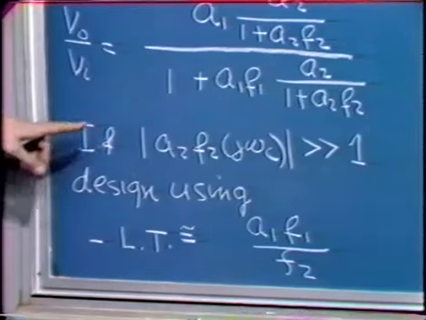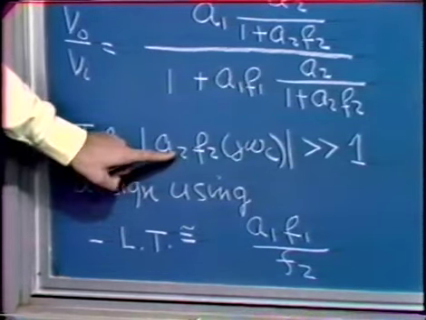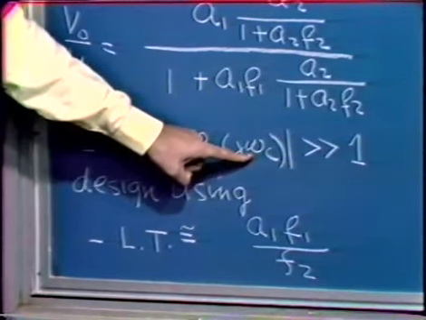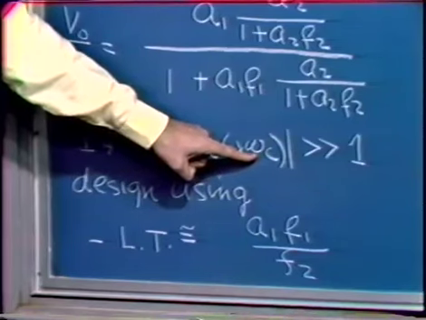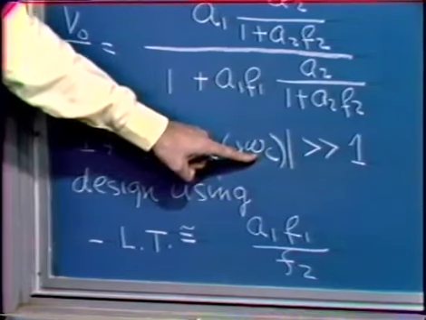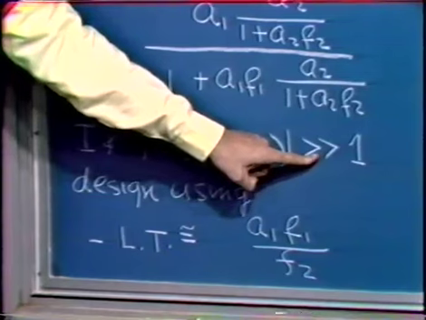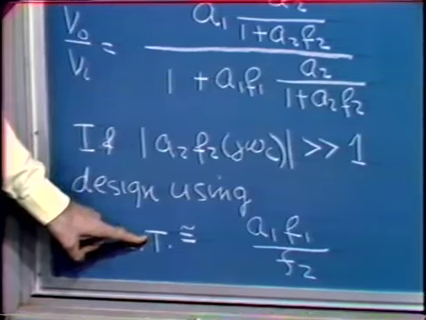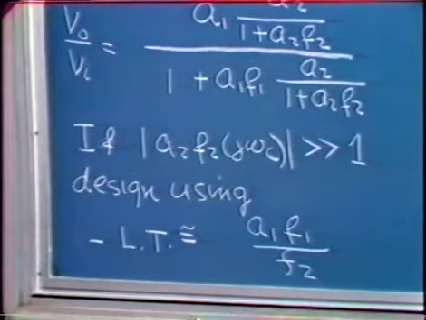And again, our hope is that the quantity A2 F2 evaluated at omega c, where omega c is the crossover frequency of the major loop, is considerably larger than 1. That's the condition necessary to use this approximation for the transmission of the major loop as our design tool.